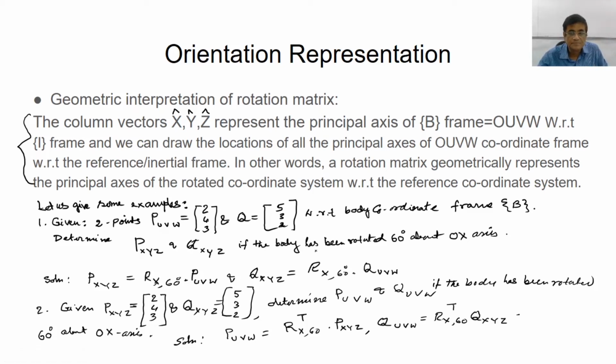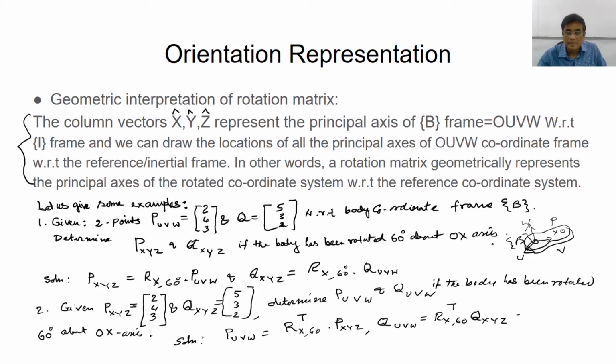Say I have a rigid body here, and this is my body coordinate frame, U, V, W. Here there is a point P, described with respect to U, V, W. The position vector of P is the column vector 2, 4, 3.